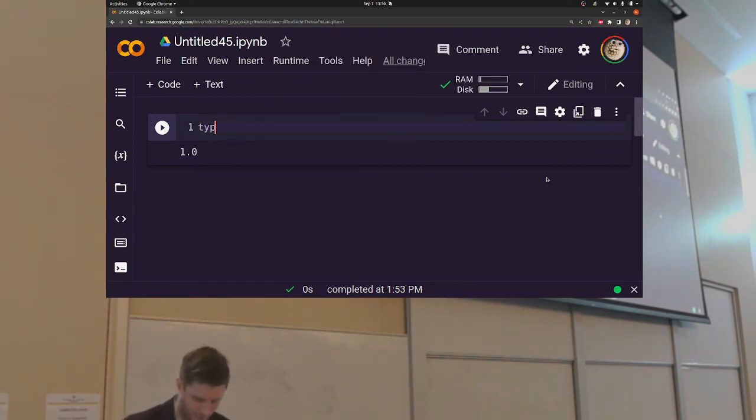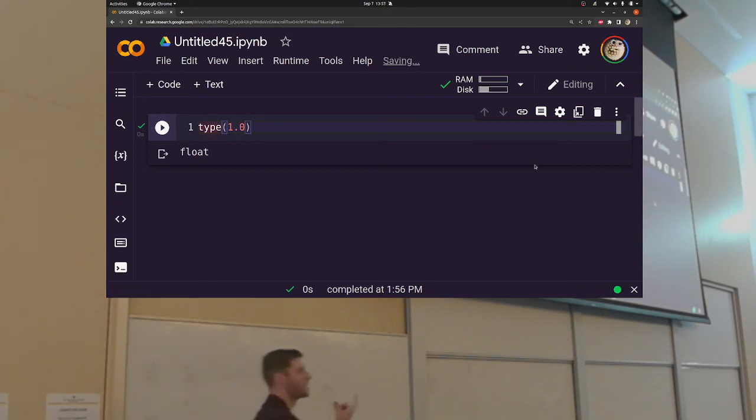Let's just do type for now. If I say type 1, it tells me it's an str. What do you think str means? String. If I say 1, int, what do you think that means? Integer. 1.0, float, floating point number.